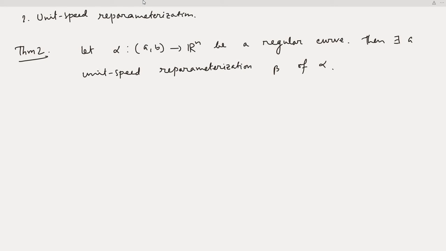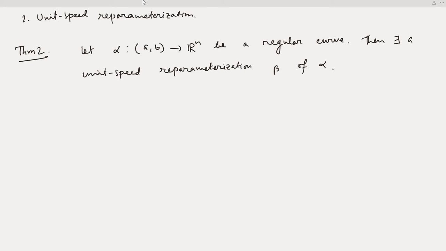That is, there exists some open interval (c, d) and some unit speed curve beta from (c, d) to R^n, which is a reparameterization of alpha.